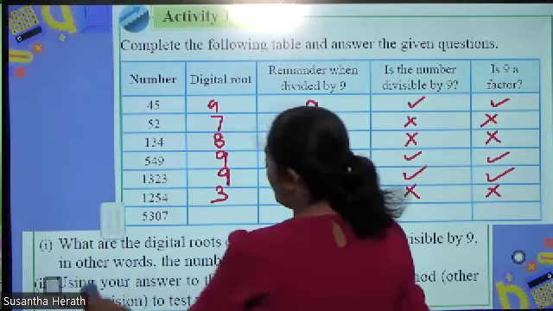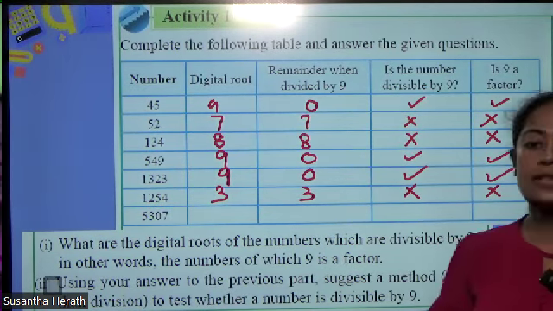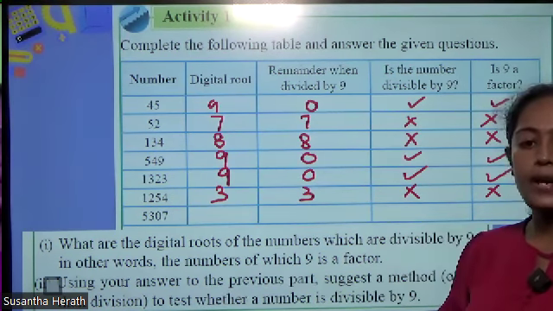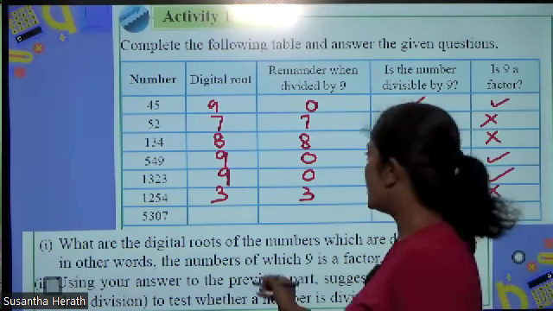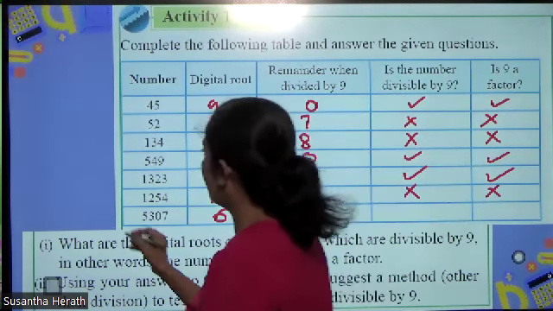5307. 5 plus 3, 8. 8 plus 0, 8. Then 8 plus 7, 15. 15 means again 1 plus 5, then digital root is 6. Remainder when divided by 9.